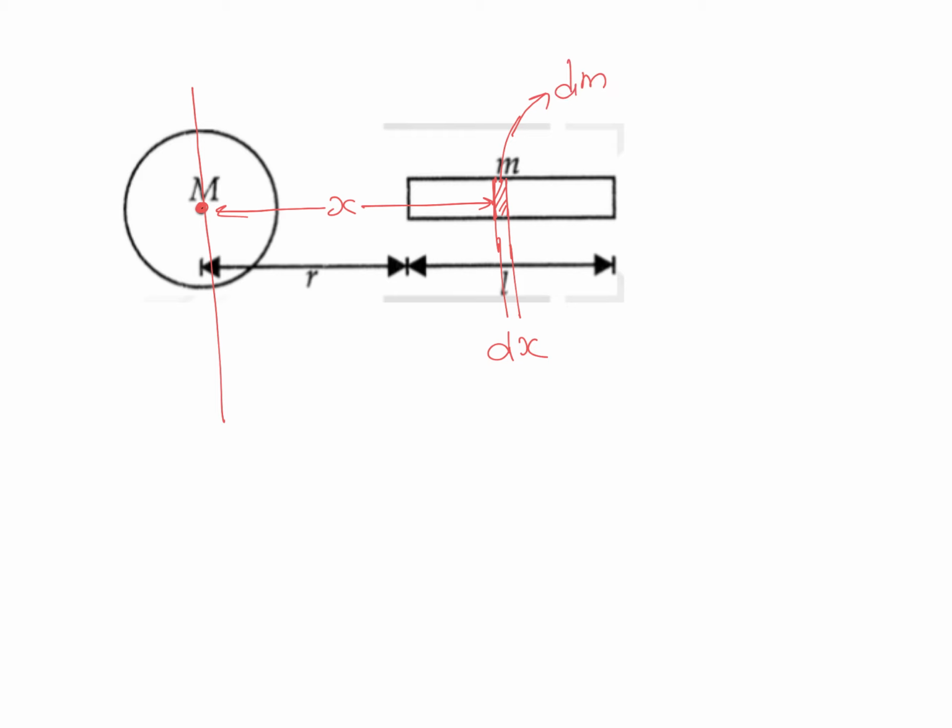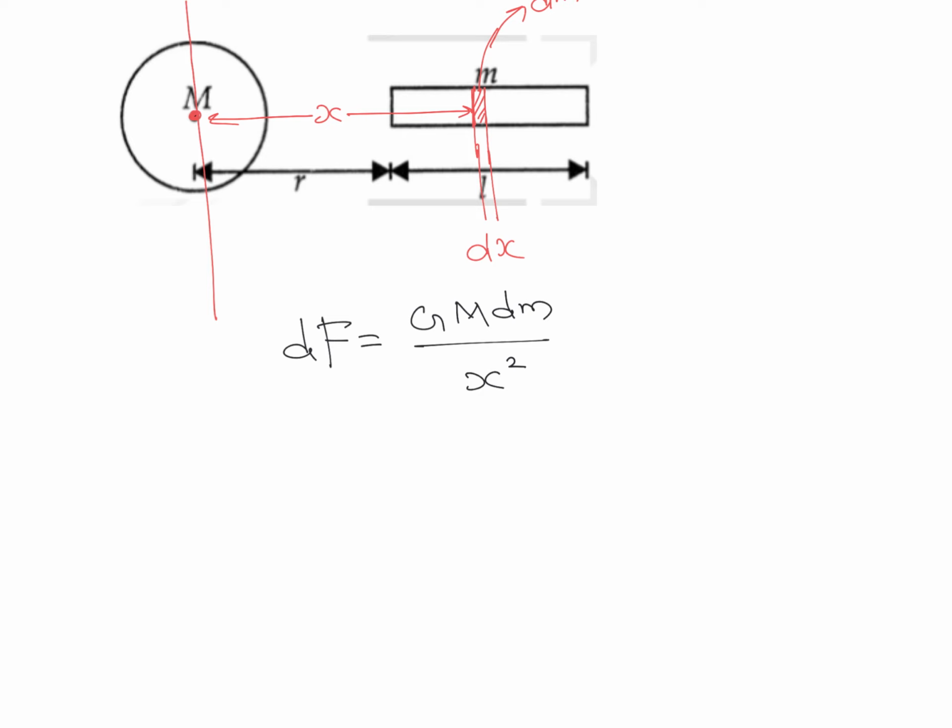Now we can write the force of attraction between the sphere and this small element. This force, dF, is equal to G into the mass of the sphere M and the mass of the small element dm, divided by the distance between them, x squared.